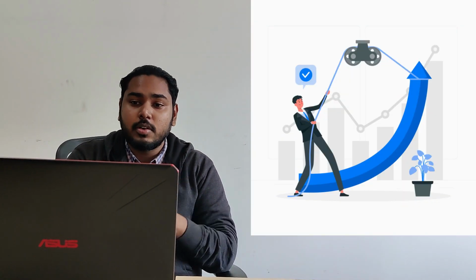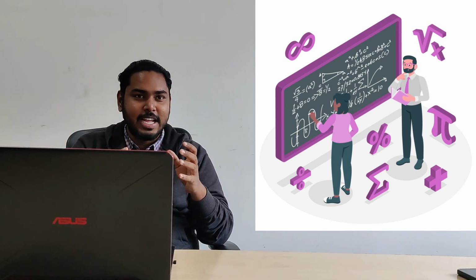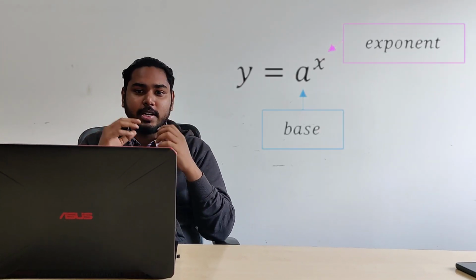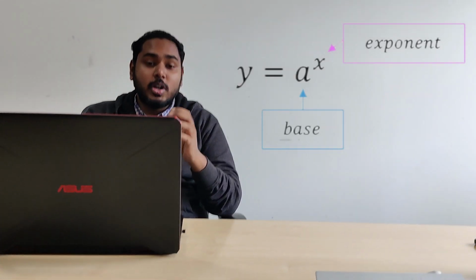Exponential functions often exhibit rapid growth. Exponential functions are a fundamental type of mathematical function that involves an exponential term with a constant base raised to a variable exponent. So let's discuss what is rapid growth or decay.